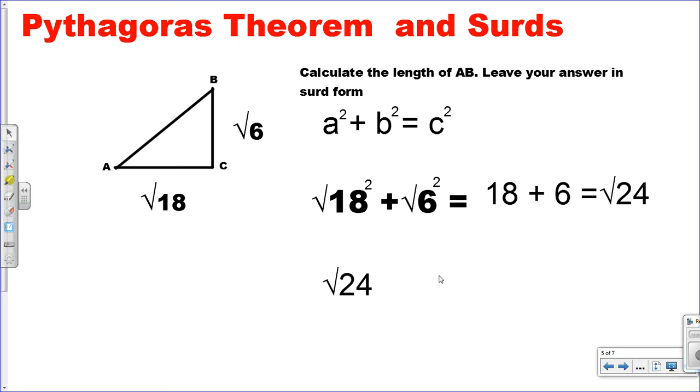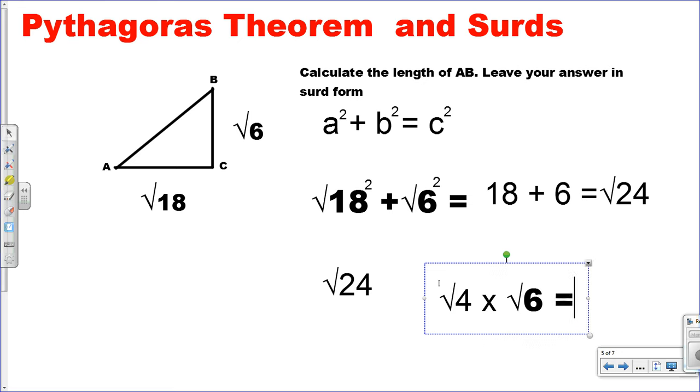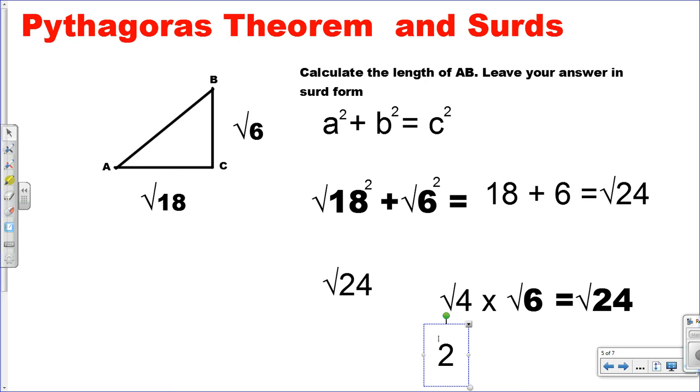Our square numbers tell us that square root 4 times square root 6 equals square root 24, which means our answer is 2 square root 6. And that there is your final answer.